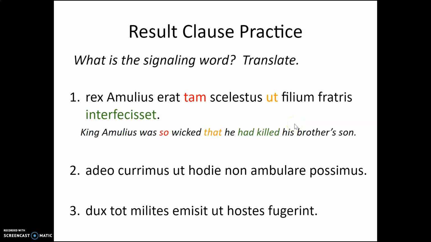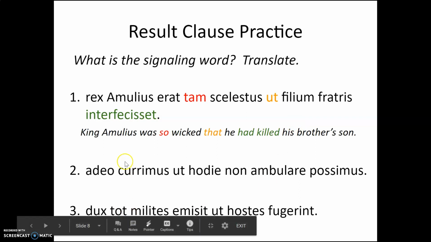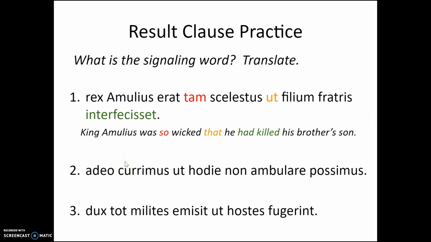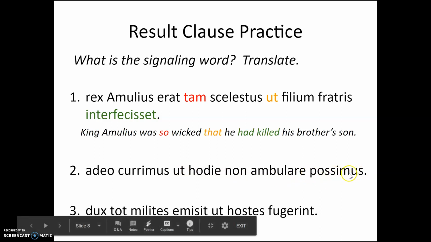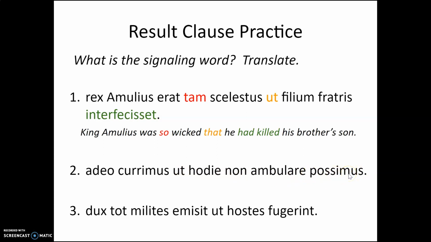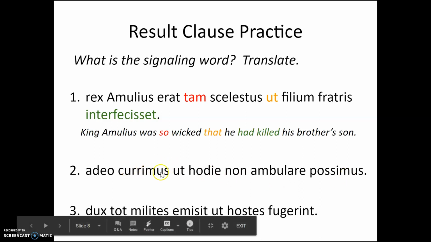Now let's take a look at number two. My signal words are tam, tantus, tot, adeo, ita, sic. And here's adeo, meaning so much or so greatly. And then I see curimus is present tense. We've got ut in the middle. And then possimus, kind of like our regular verb sum. Sim, sis, sit, simus, sitis, sint. This is present tense. So now I translate.